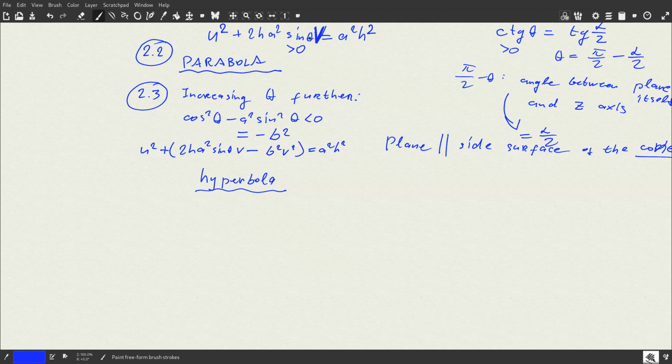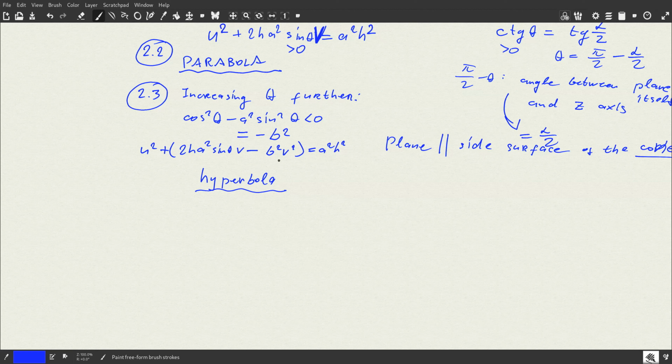So they cannot take arbitrarily large values. But for a hyperbola, it is perfectly okay that u and v grow to arbitrarily large values as long as this equation holds.